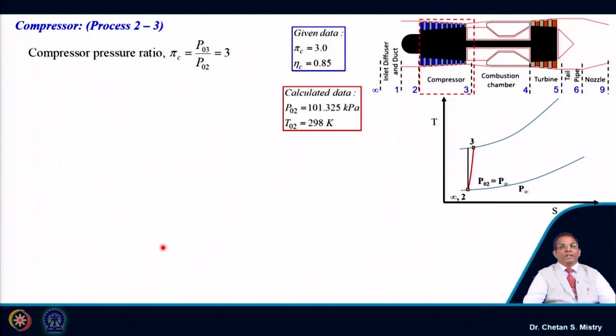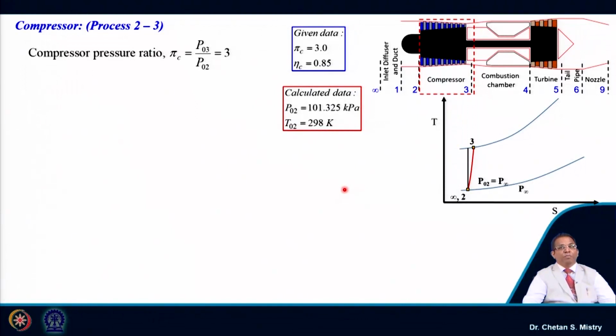Now, let us take the next component, my compressor, which is station 2 and 3. We can say this is my isentropic process and this represents my actual process. So, let us take the actual process. The compression ratio is given, that is 3.